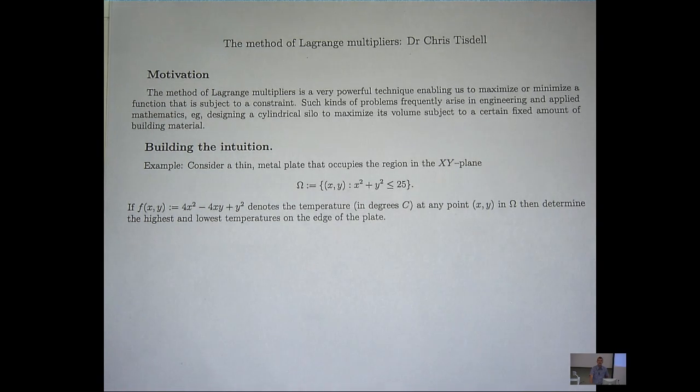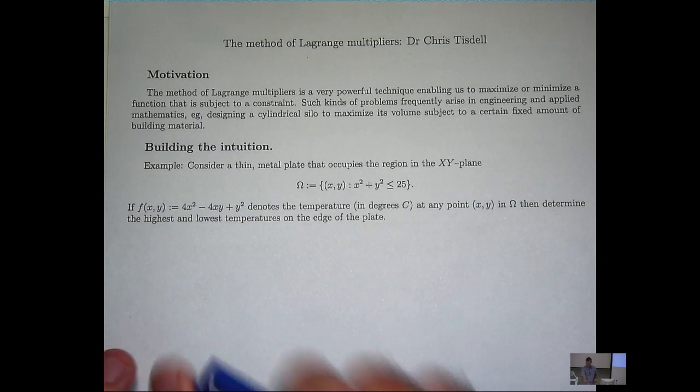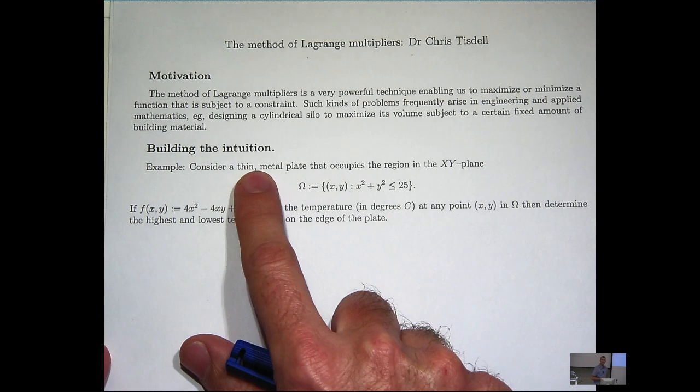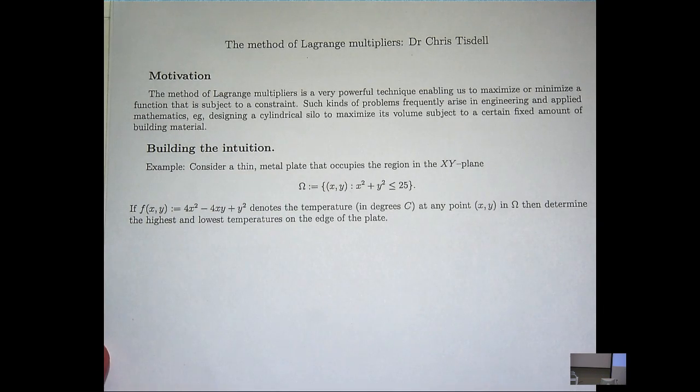Okay, so let's have a look at the following problem. Suppose we have a metal plate that's set in the xy plane and it covers the set omega. Now, suppose that at each point in that disk or that plate, you have a temperature associated with each point.